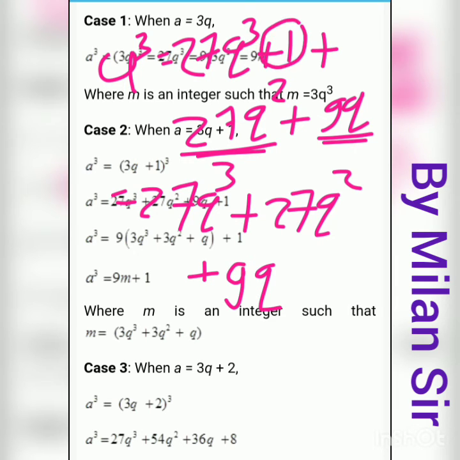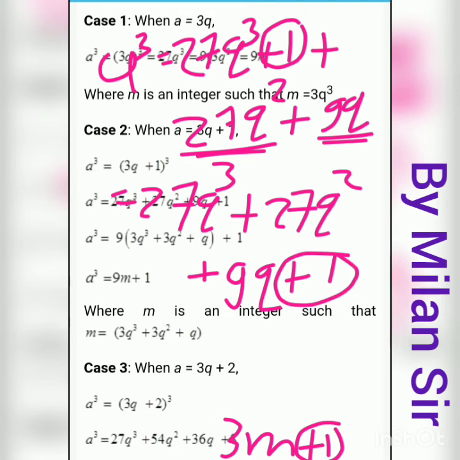And plus 1. Now we need to convert this answer into the form of 9m plus 1. In which form? 9m plus 1. So plus 1 at last, that we want, and here we have plus 1, so we need to put that plus 1 as it is.